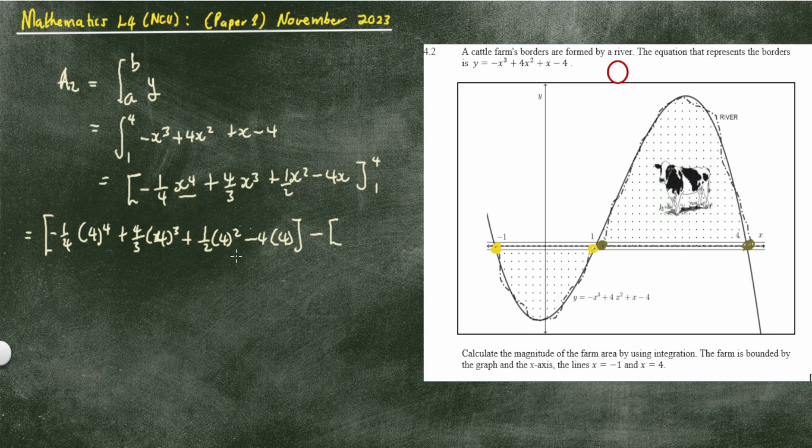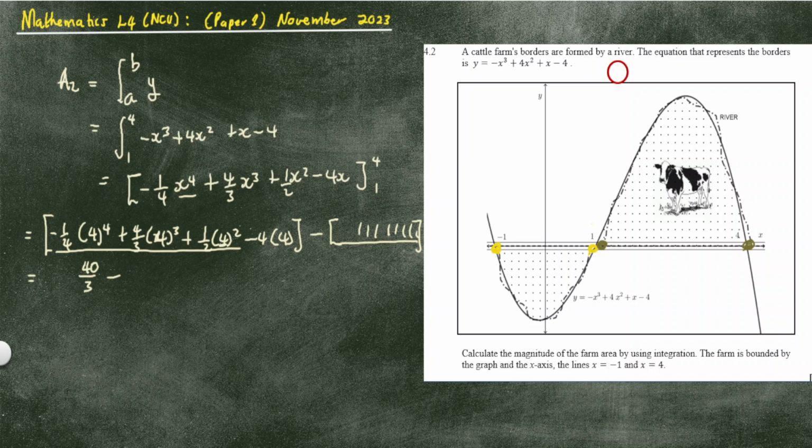Then you do the same thing with this, but instead you substitute 1. So let me put in dots just to say this and this are the same, but instead of substituting a 4 you have a 1. Then let's calculate again. I'm getting 40/3 minus, for 1, when we substituted 1, what did we get?